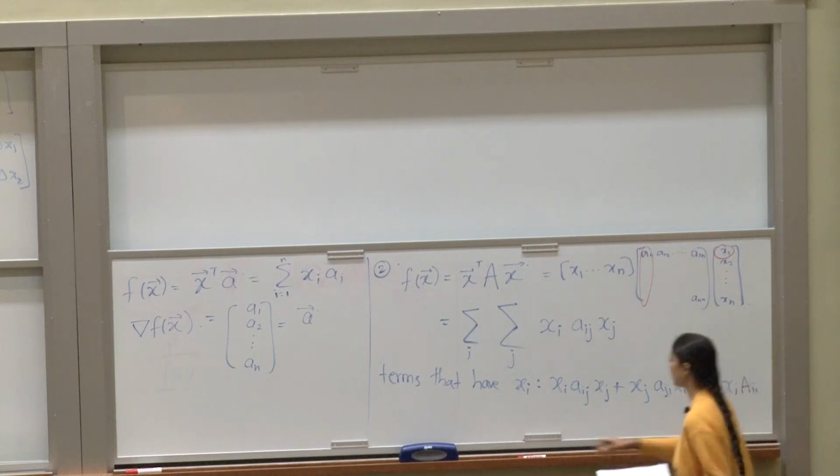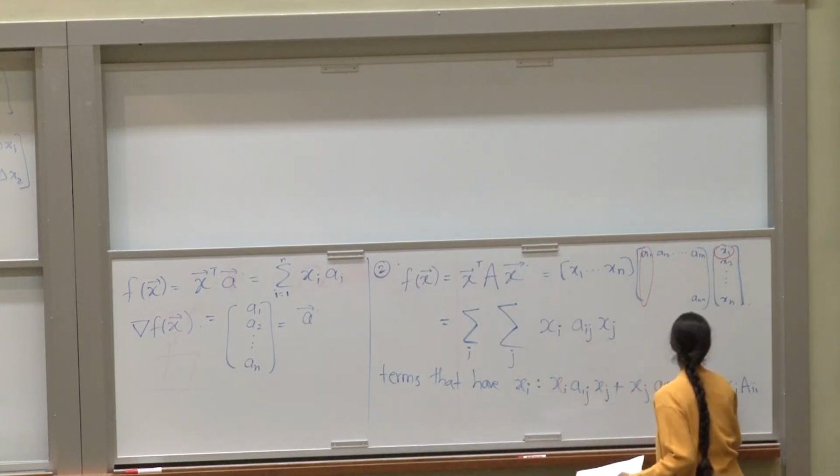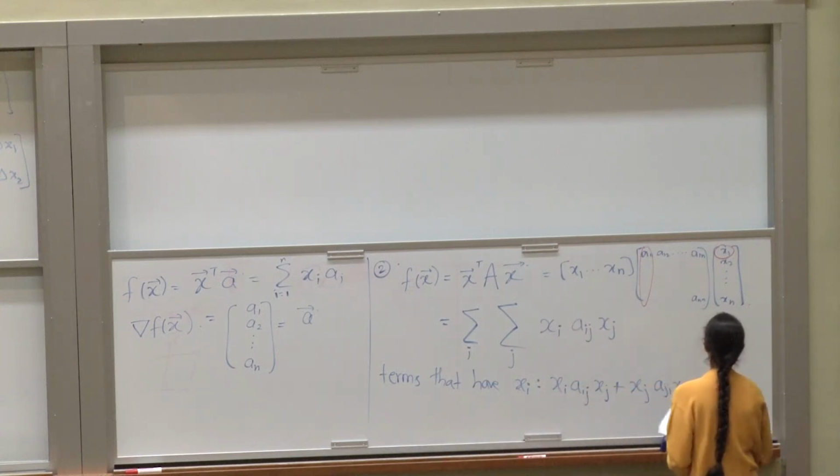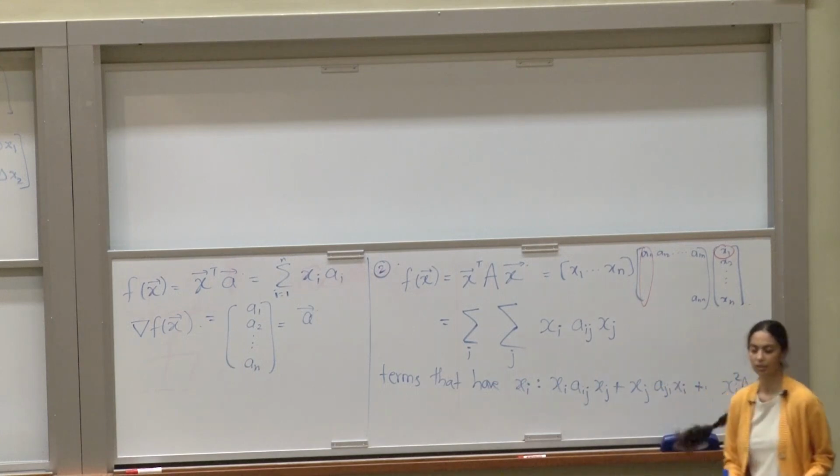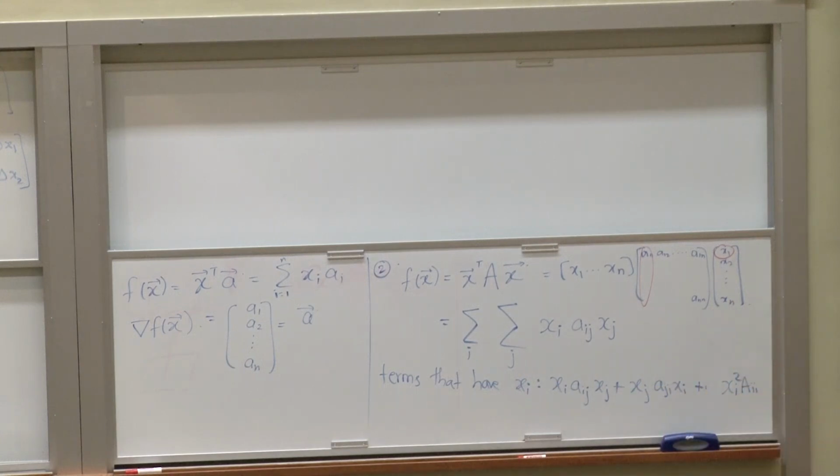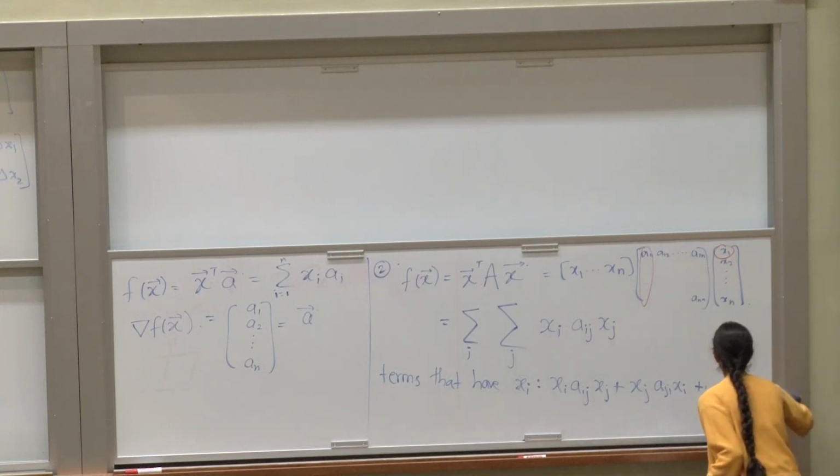Will I get it 2 times? No, I get an xi square, sorry. Not a 2 times. A little aii.